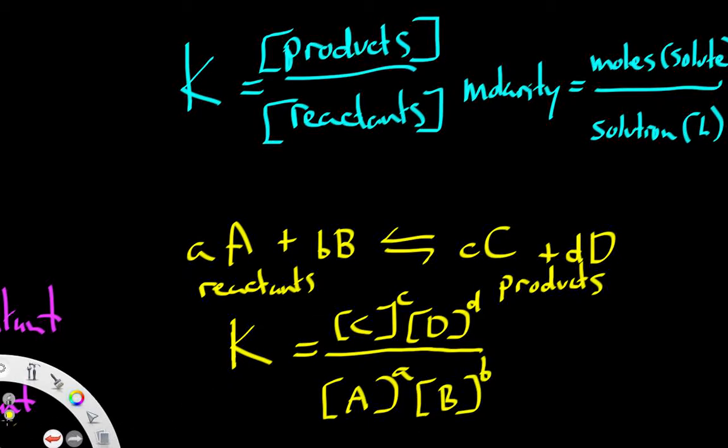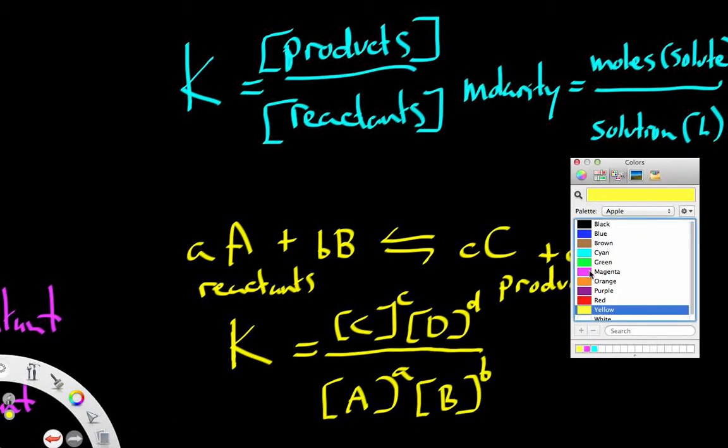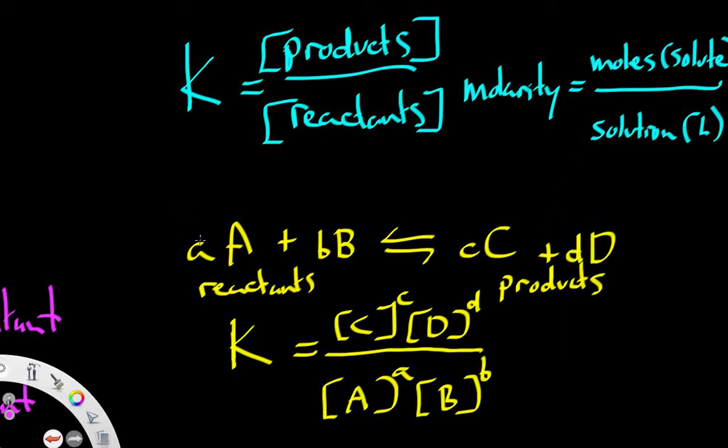Now notice how I took my lowercase letters and turned them into exponents when I drew out the expression. Now that's going to be typical, and these lowercase letters are going to be simply referred to as stoichiometric coefficients.